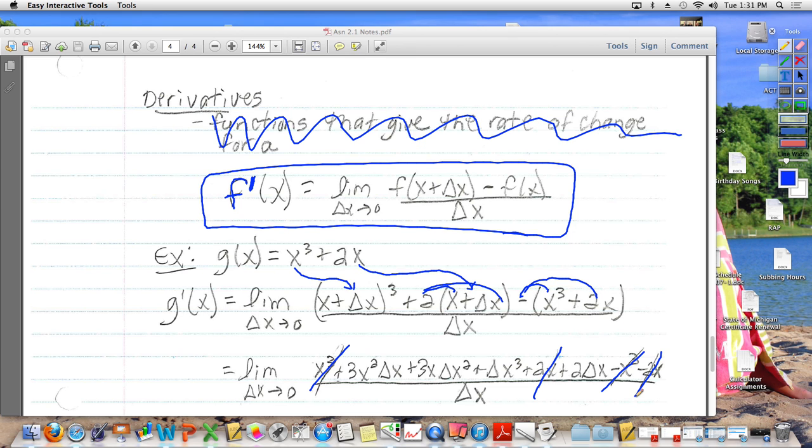Slow down. Wait, so the x plus the change of x cubed, where is that? This right here, x plus the change in x cubed. Well, I had done all of the math on a separate sheet. I'm just saying that this part right here, all the way up to here, that's not that. This is what I came up with after I collected like terms and everything else.